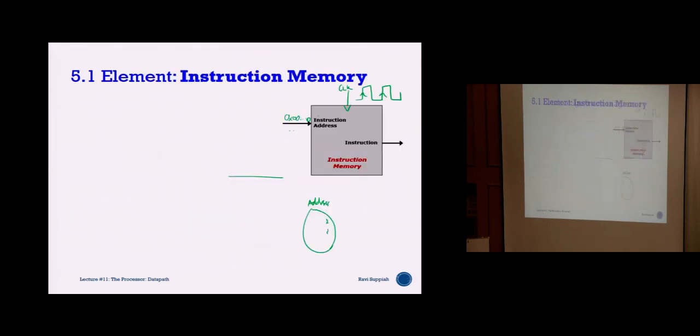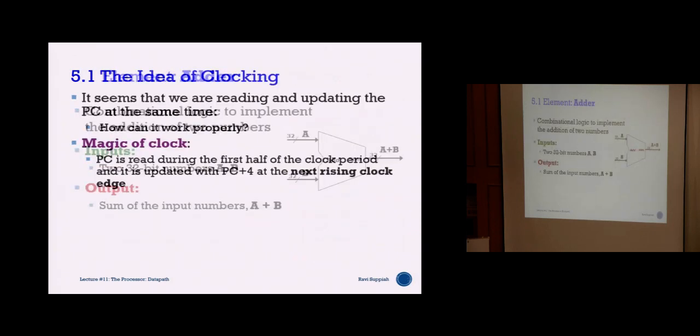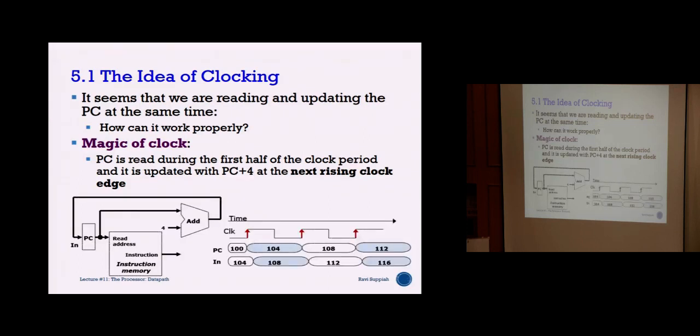But because of the clock mechanism, you will not change the data that comes out from your memory. Why is that so? Because you only need to change the data at the next clock cycle. So when this clock comes in, your PC is 100. That means the instruction at address 100 is being read out from your instruction memory.